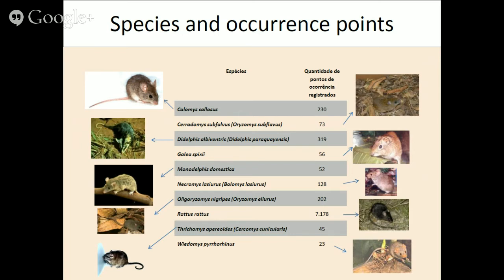So here we have a bunch of rodents, but some mesocarnivores too, including marsupials such as opossums. So what researchers did is that they used this information to model the potential distribution of these reservoirs as an approach to potential areas for plague.